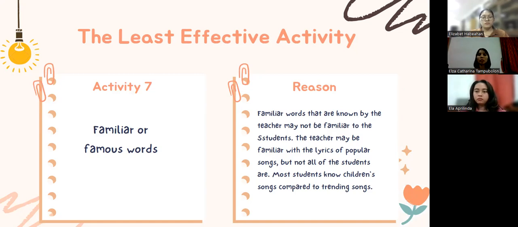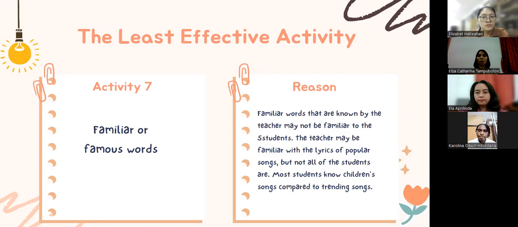So when the teacher wants to teach vocabulary through famous words or songs, the teacher must check and make sure that the meaning of the vocabulary is good and related to the students. So these are our reasons. Next.